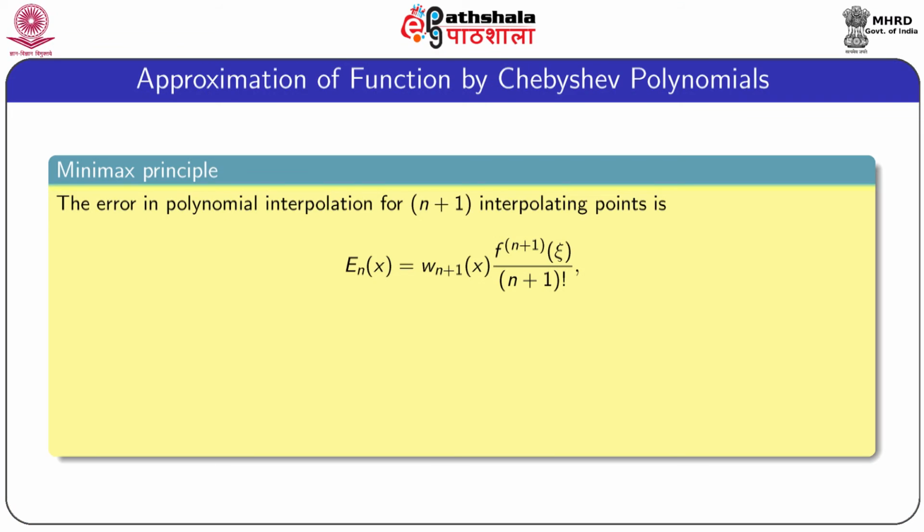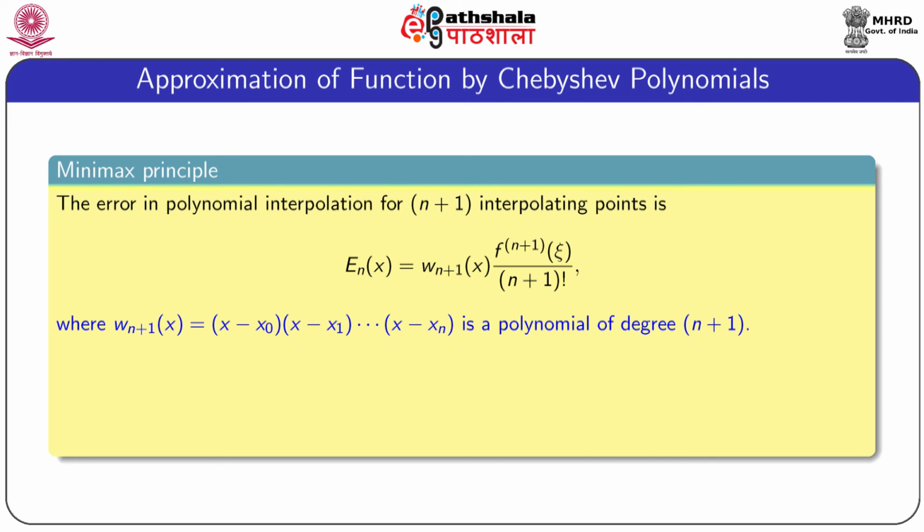In chapter 2, we have shown that the error in polynomial interpolation for n plus 1 interpolating points is En(x) equal to W(n+1)(x) into the (n+1)th derivative of the function f at the point xi divided by factorial n plus 1, where W(n+1)(x) is a polynomial of degree n plus 1 which is equal to (x minus x0) into (x minus x1) up to (x minus xn).